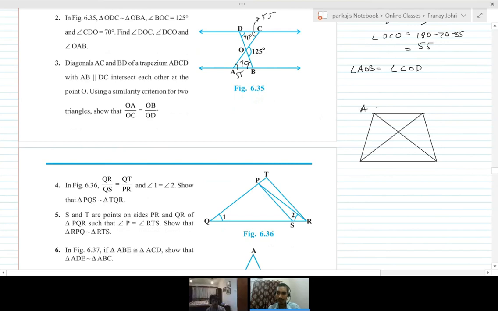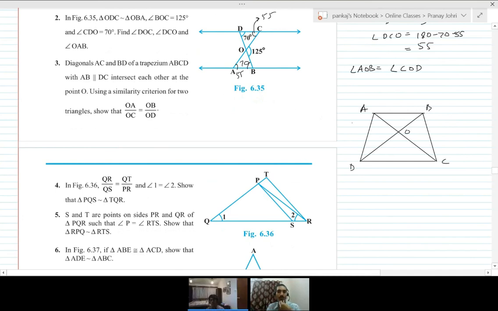A B C D, this is O. Using similarity criteria, show that OA by OC is equal to OB by OD.